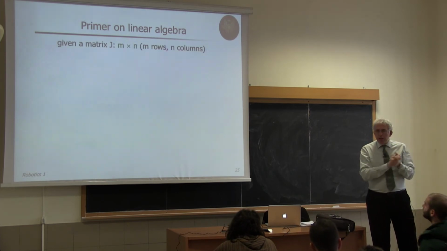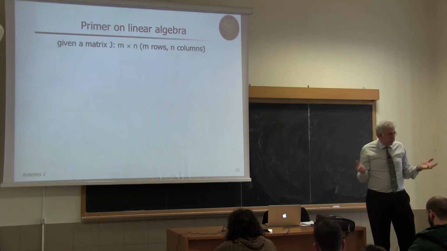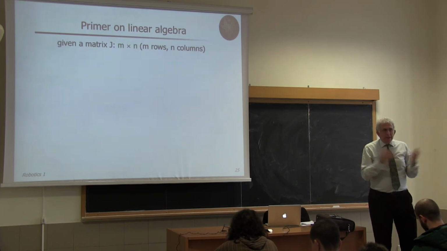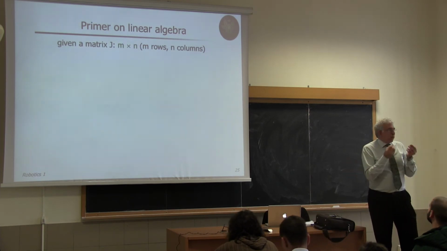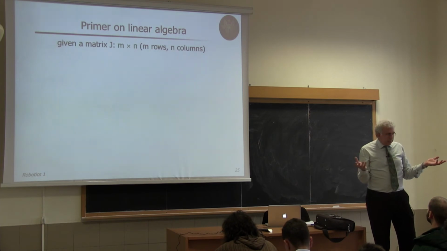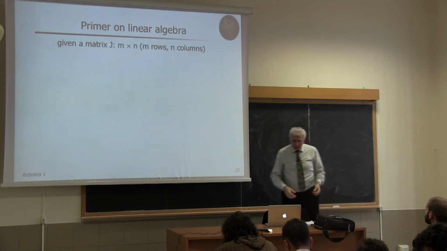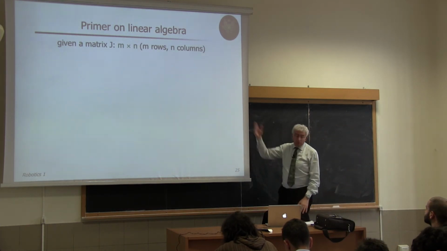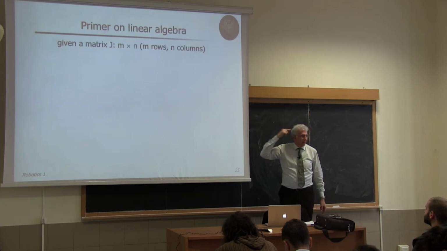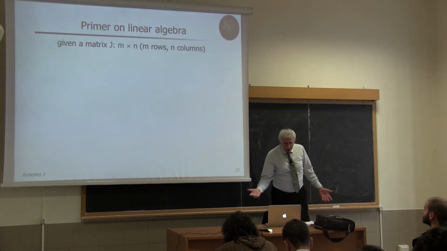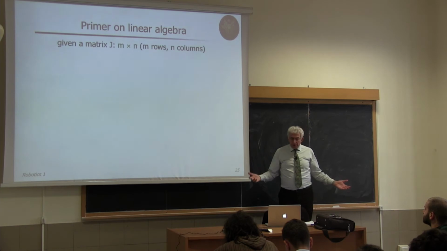When you evaluate J of Q at a given Q, it is a matrix of numbers. So as a matrix of numbers, it has some geometric spaces associated with it, which you should know from basic concepts of algebra. So I'm taking a generic matrix which I call J, because in fact I have in mind the Jacobian, which has m rows and n columns.